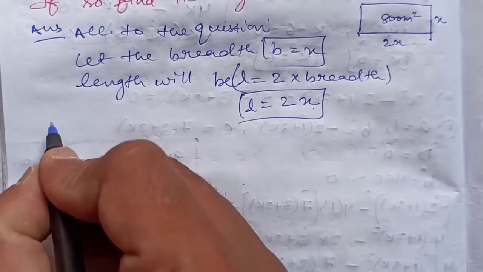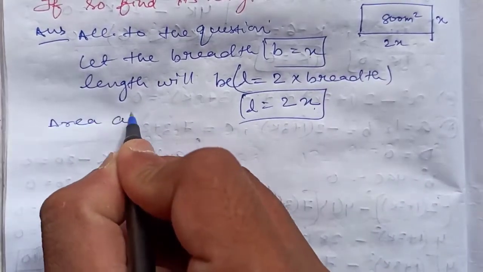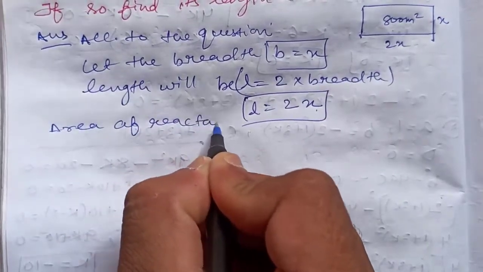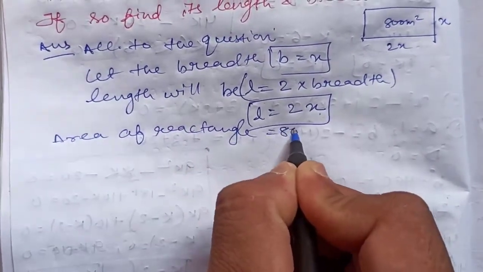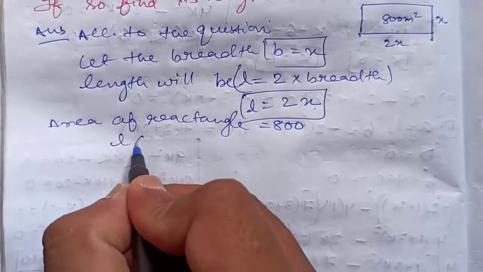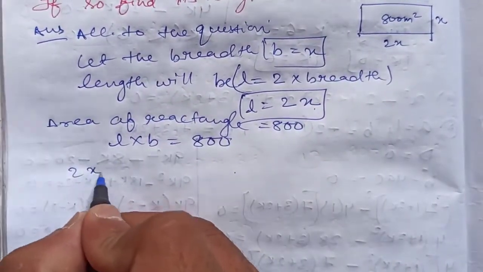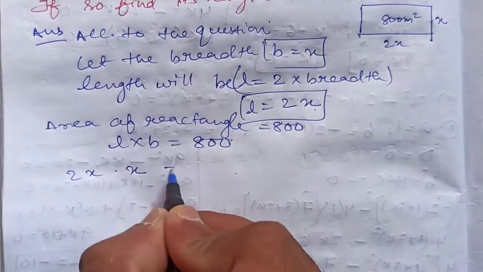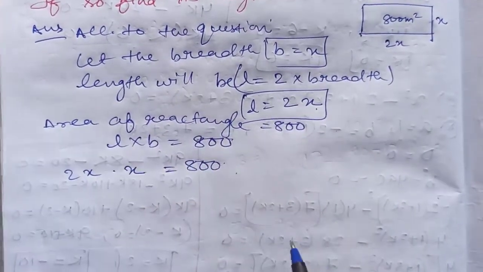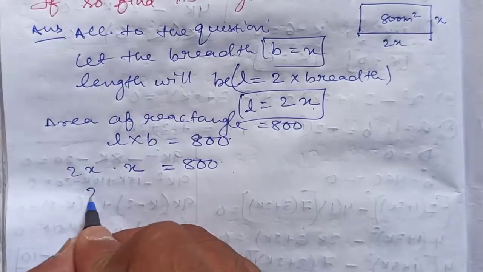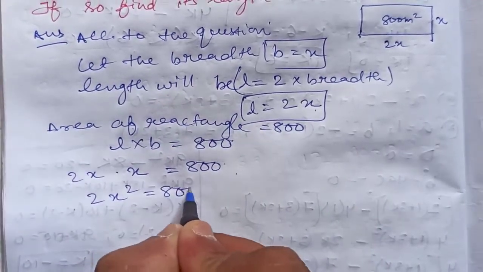What is the area of rectangle? It is given as 800 meter square. Area of rectangle is L into B, which is 800. So 2x into x equals 800, that is 2x square equals 800.